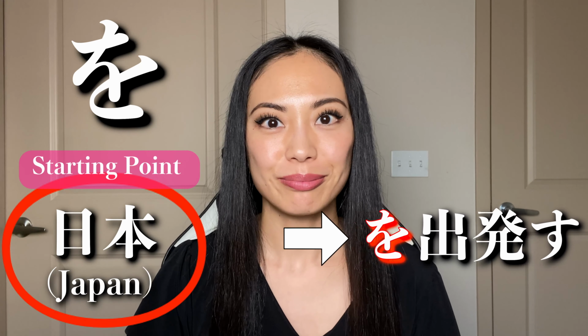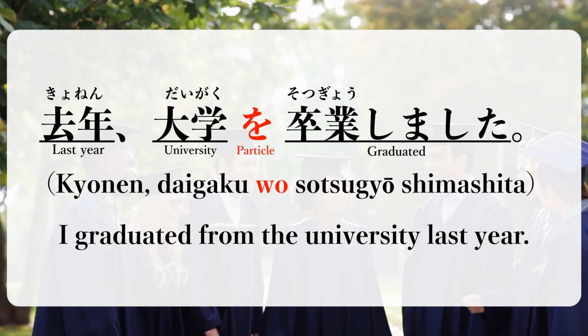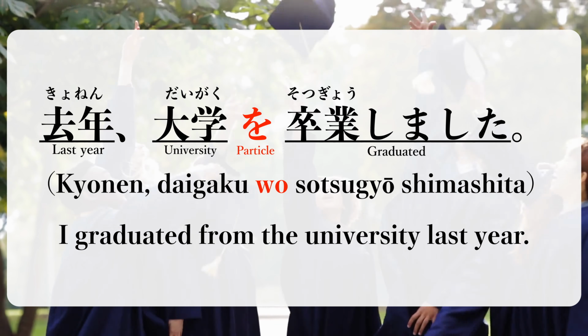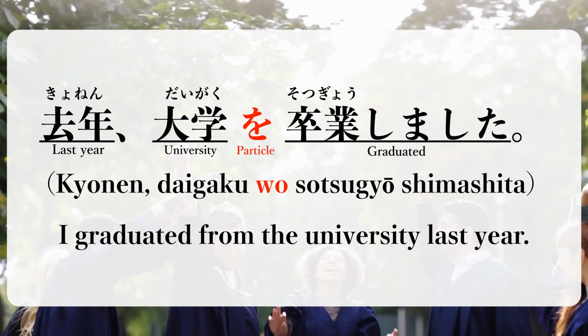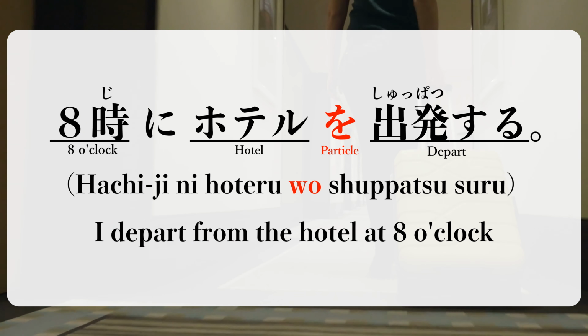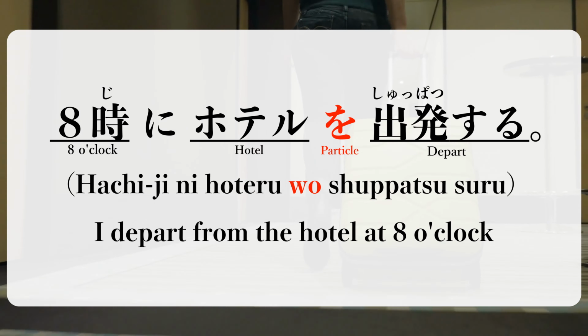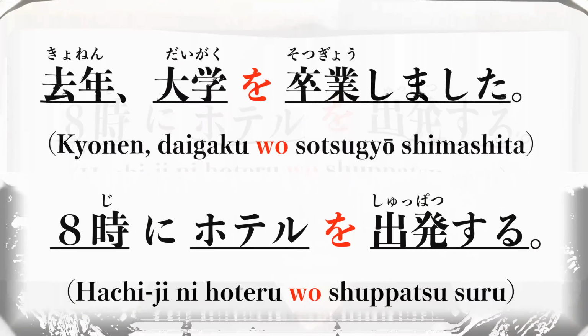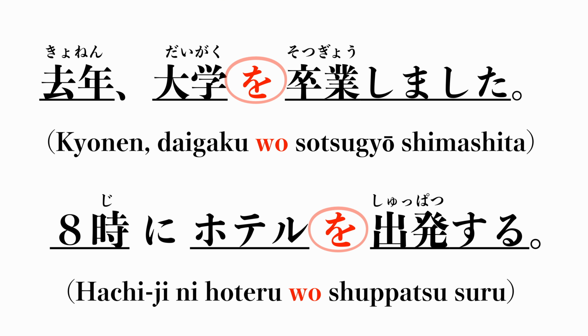For example, 去年大学を卒業しました。8時にホテルを出発する。In both sentences, を effectively marks the location from which the action originates. Let's look at the words that come before を.